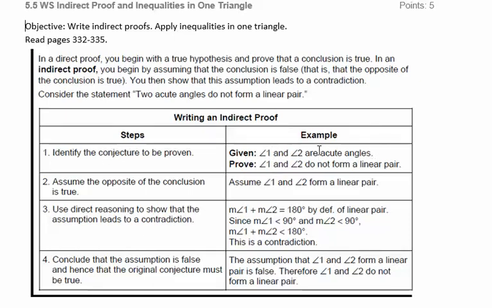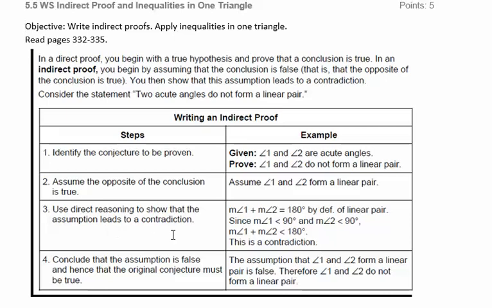We assume that's true because the statement said two acute angles do not form a linear pair, and we want to prove that those two angles do not form a linear pair. So assume that the opposite of the conclusion is true. The opposite would be that angle 1 and angle 2 do form a linear pair. That's what we assume.